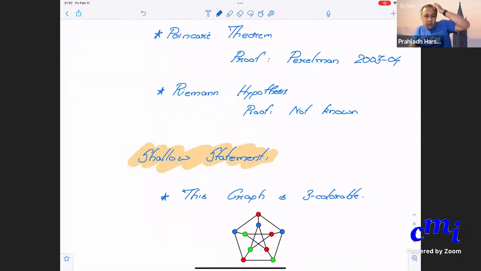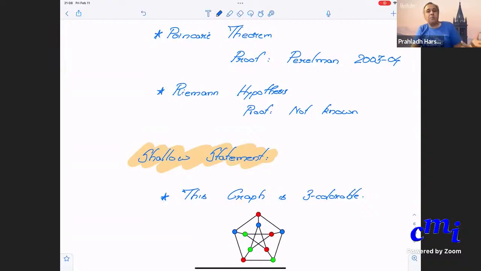Or, if some of you have seen a bit of computer science, consider the notion of a graph. You're given a graph, a set of nodes and edges, and somebody says this graph is 3-colorable. What do I mean by that? You can color the vertices of the graph such that every two adjacent vertices receive a different color.